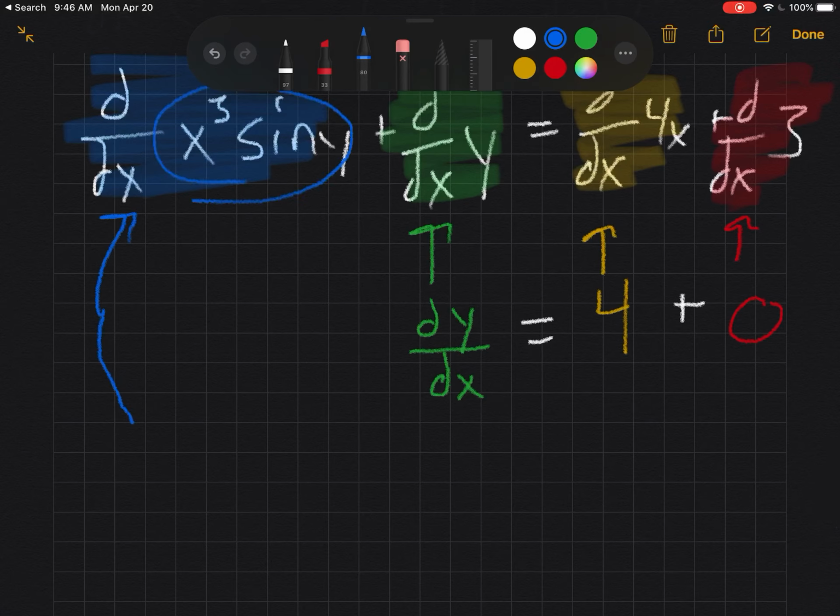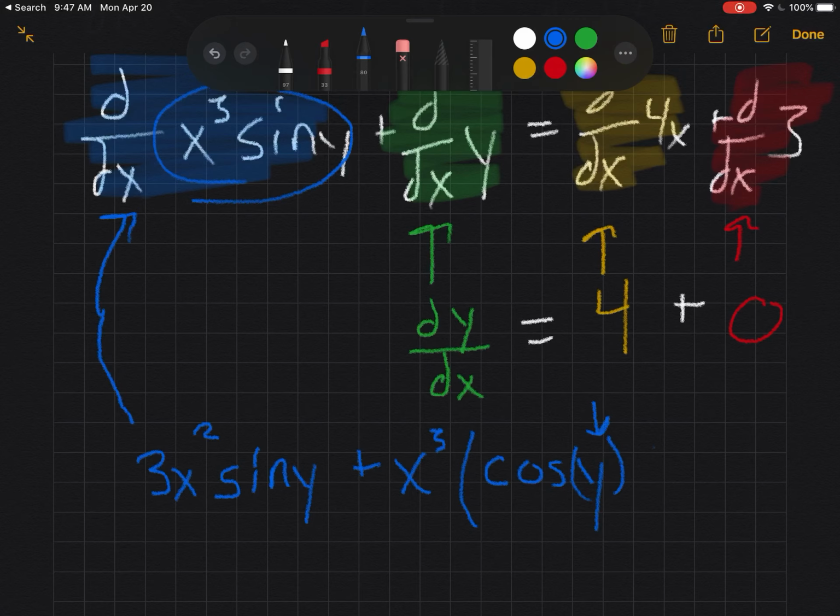And then here is, I think, the tricky piece. So we're going to need a little bit more room for that one. And remember, we're just going to have our equal sign here, and we're going to add these two. So all we have left to work on is this little piece here. So I have a product, so that means I'm going to use my product rule. So I'm going to take first the derivative of x cubed with respect to x, and I get 3x squared. Then I'm going to multiply that by sine of y.